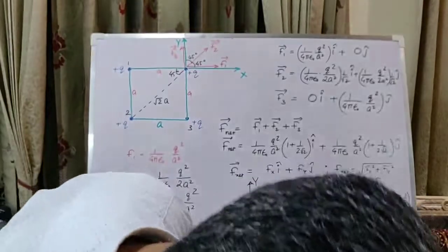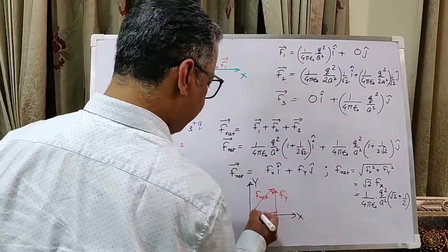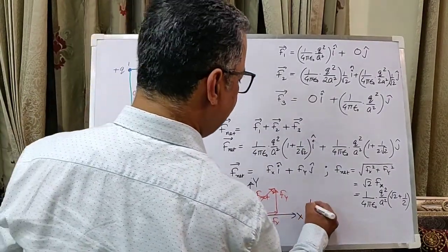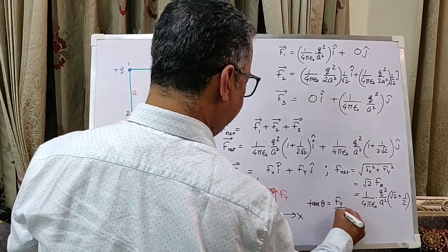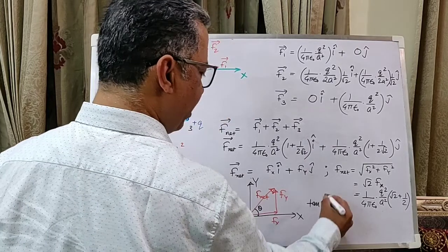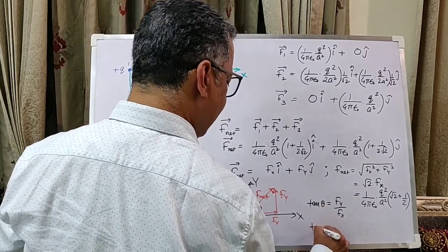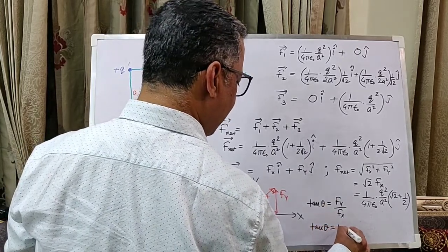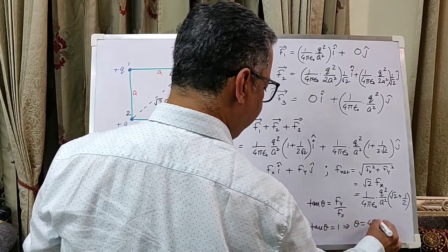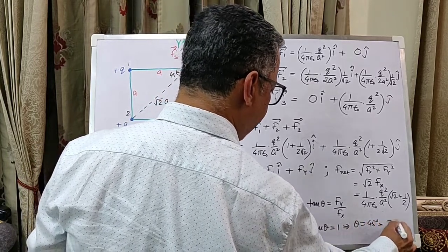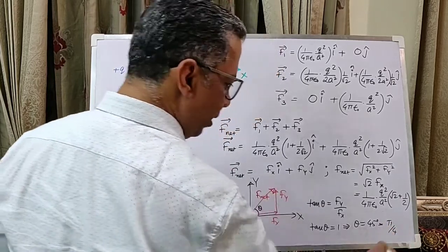If you are to work out its direction, let's say this angle is theta, tan theta of course will be fy by fx, and since fy and fx are equal, tan theta equals 1, which essentially means theta equals 45 degrees or pi by 4 radian.